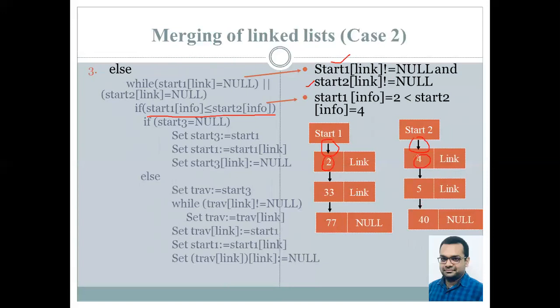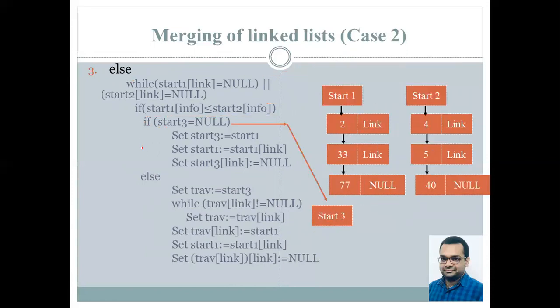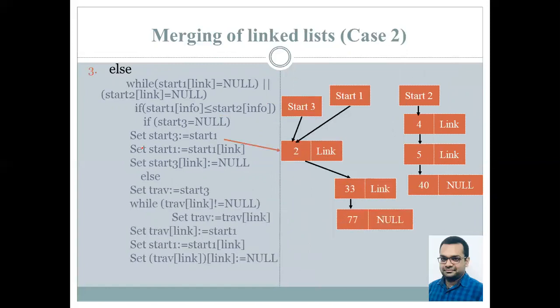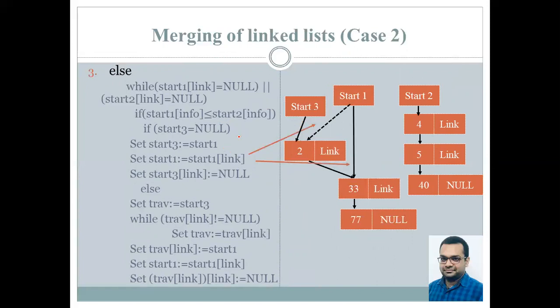Therefore, the control jumps into this if part and sees if start 3 is null, which is exactly the case because this is the first node that we're inserting into the merged linked list. So therefore, start 3's value is set to start 1 over here. That is the address of the first node in the first linked list. Then start 1 will be incremented to point to the next node.